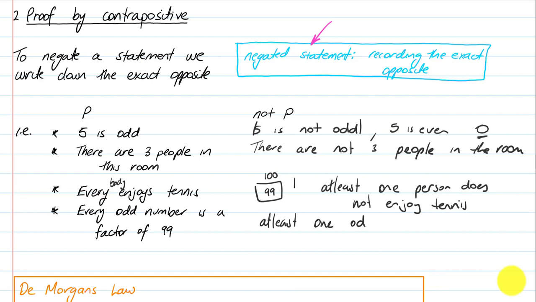Sorry for my rushed writing, but I know you didn't come here to watch me write stuff down. So these last two are really important, because you don't just swap it over and say every odd number is not a factor of 99. You have to say, as long as one of them is not, then this is a negative statement.